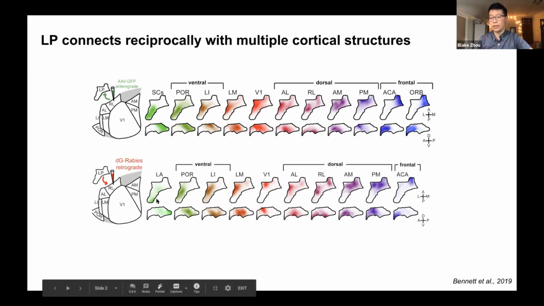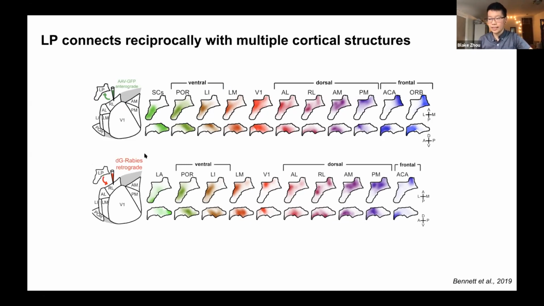It's mostly known for its role in regulating visual attention through dense connections to the superior colliculus and cortical areas, which is exemplified here in work from the Allen Institute, showing LP's reciprocal connections to various visual and frontal regions.